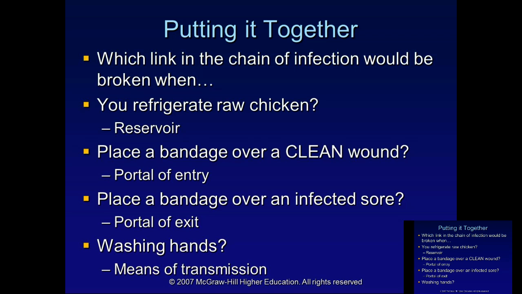And then washing hands would be the means by which something can exit somebody else and enter somebody else. Washing your hands would prevent whatever contamination was on the hand of somebody you just shook hands with from entering your body. So that's means of transmission. It really does go in the order of that picture that was just on.